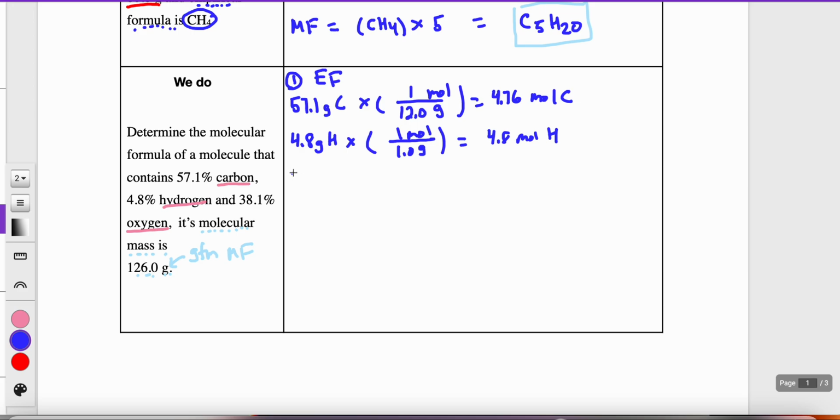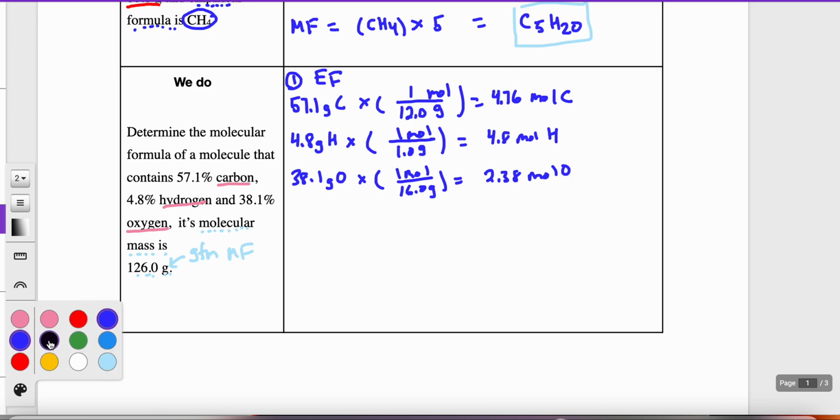This sample contains 38.1 grams of oxygen. And each individual mole of oxygen is 16.0 grams. So 38.1 grams of oxygen is 2.38 moles of oxygen.